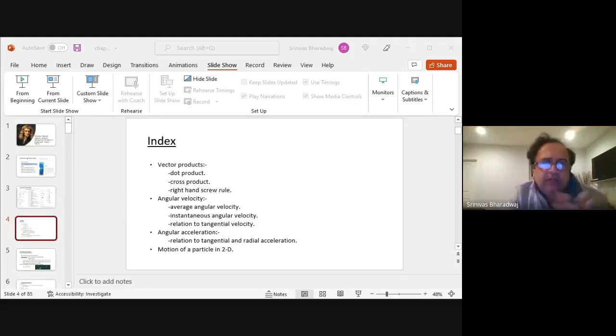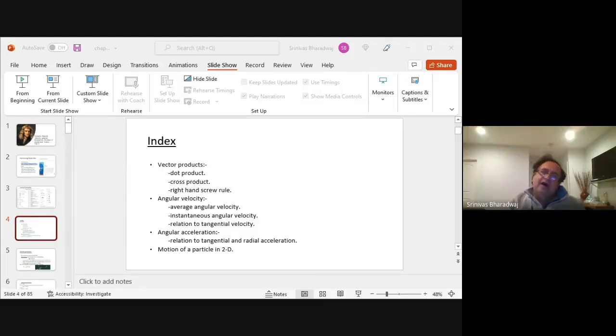But if you understood this, the tangential acceleration, the radial acceleration, right? So look at the picture, radial and tangential. If you understood this, you will naturally understand the ideas that we are going to present. What does torque do? Torque causes angular acceleration.